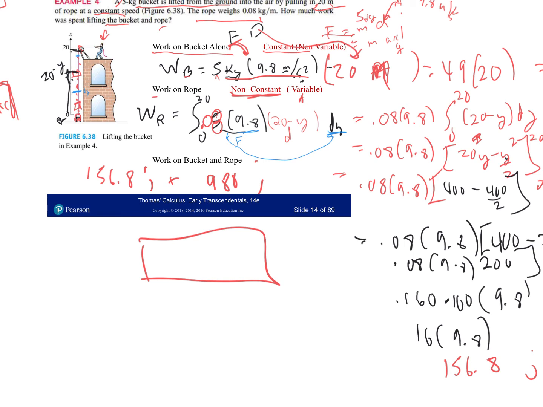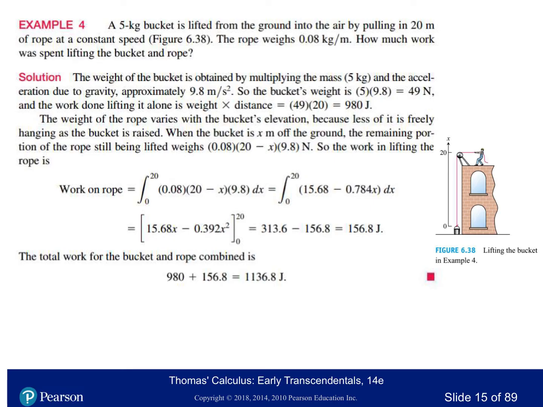I don't want to do it. Well, I'll do it in the calculator. 980 plus 156.8. I'll be right back. 1136.8 joules, according to my calculator. Let's see. Yep. All right.